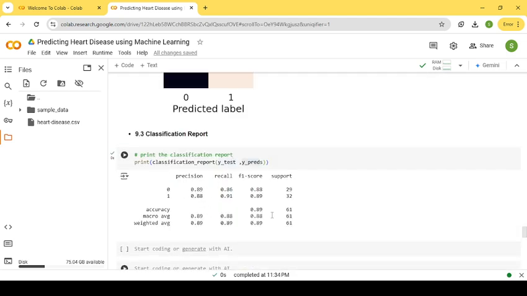So the accuracy, our main target to achieve around 85%, we achieved 89%. Precision, we were supposed to achieve around 80%, we got around 88%.